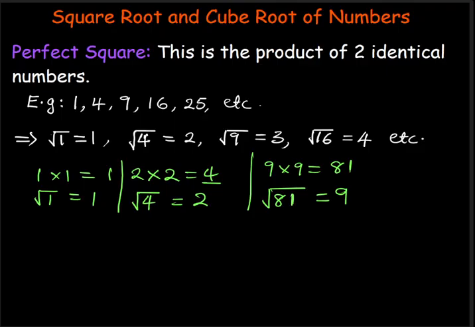Squares. So you see 9 times 9 will give us 81. That is 9 square. So we are looking at 9 square equals 81. And then you now take the square root of 81. That will give us what? 9. So square root is the opposite of squares.